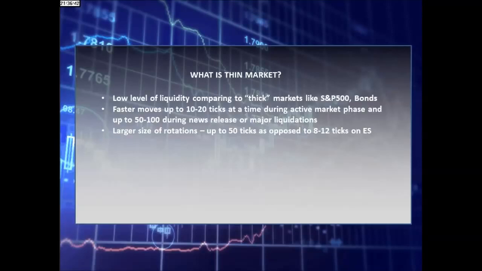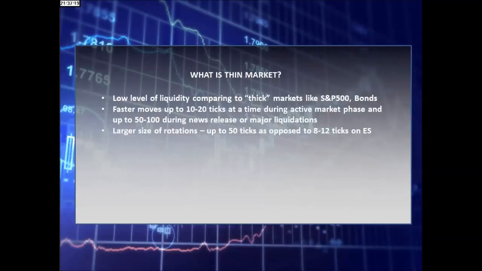Well, first of all, if you're used to see fat figures on the ladder, then you're not gonna see that in thin market. So the first characteristic is a low level of liquidity compared to big markets like S&P 500 or bonds or many other markets. But those two categories are most notorious. So you should be ready to see much lower numbers.